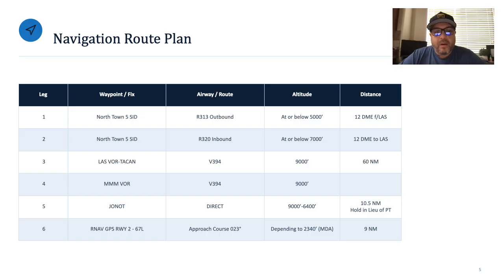So we'll then fly the RNAV GPS into runway 2. Approach course is 023, and we'll be descending to our MDA, which is 2340. That's a 9 nautical mile final after the final approach fix.